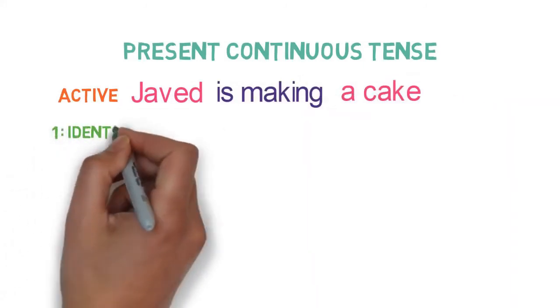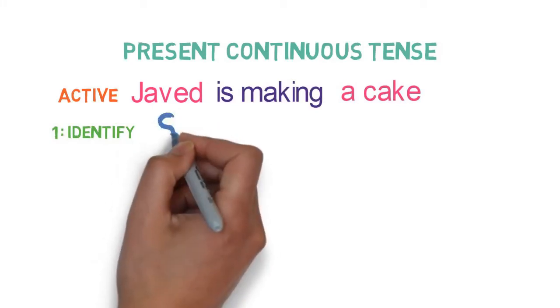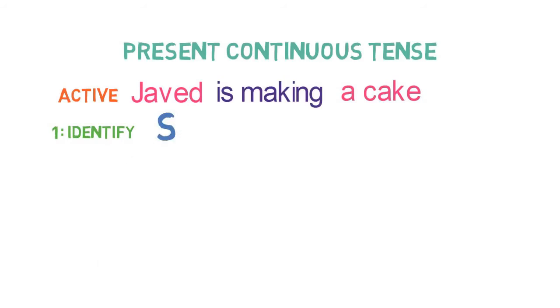And present continuous tense. The active sentence: Jabt is making a cake.